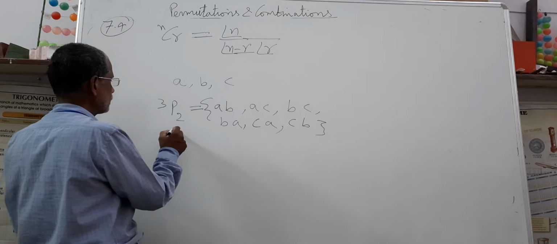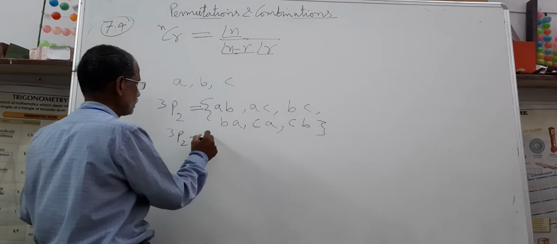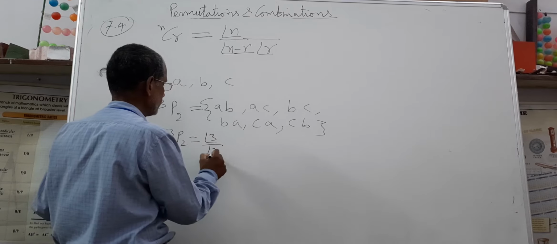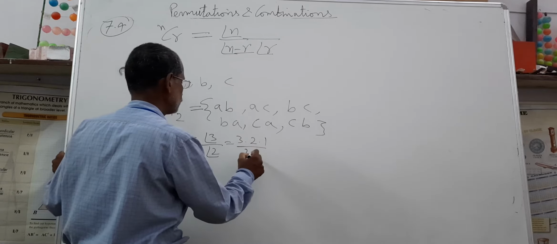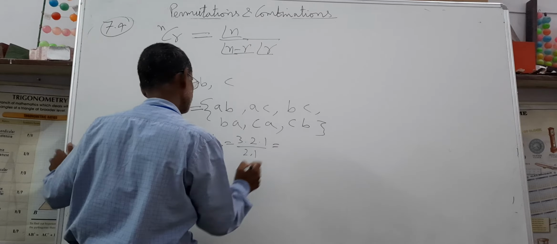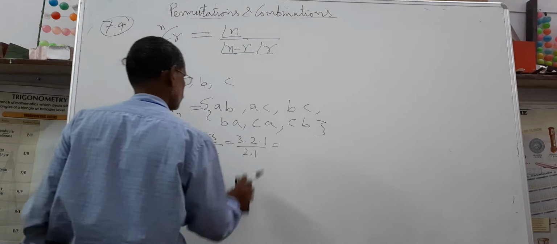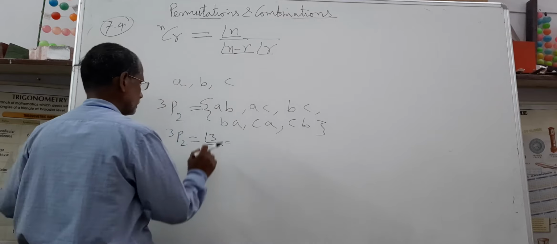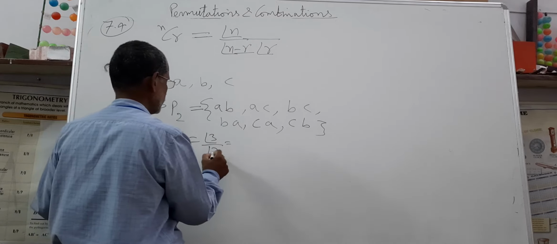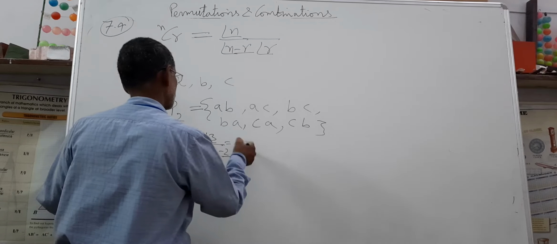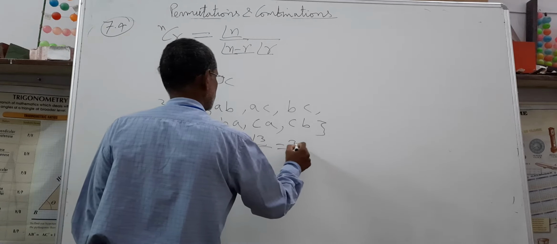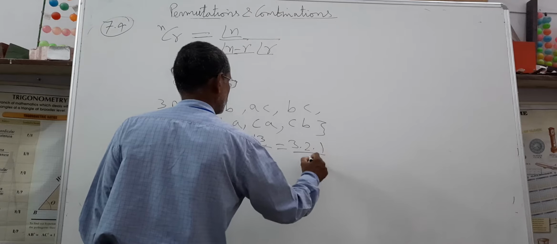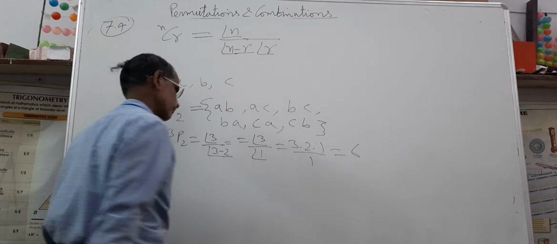By formula also, 3P2 is equal to factorial 3 upon factorial 3 minus 2, which is factorial 3 upon factorial 1, equal to 3 into 2 into 1 upon 1, is equal to 6.